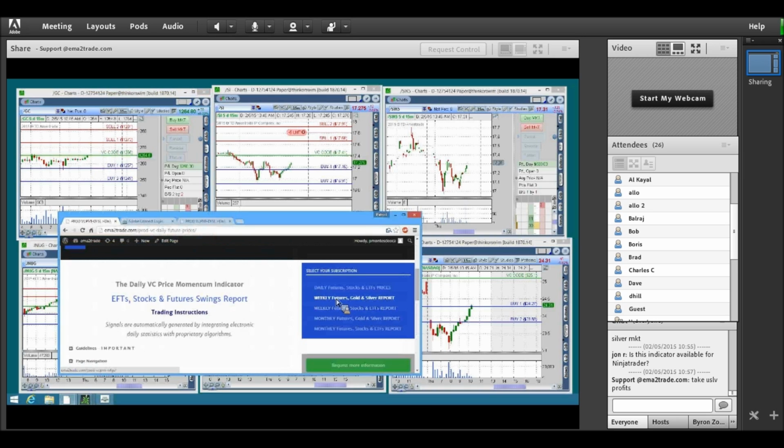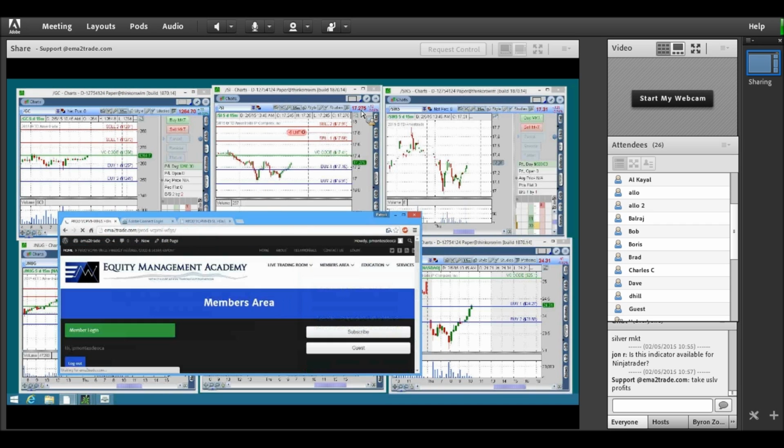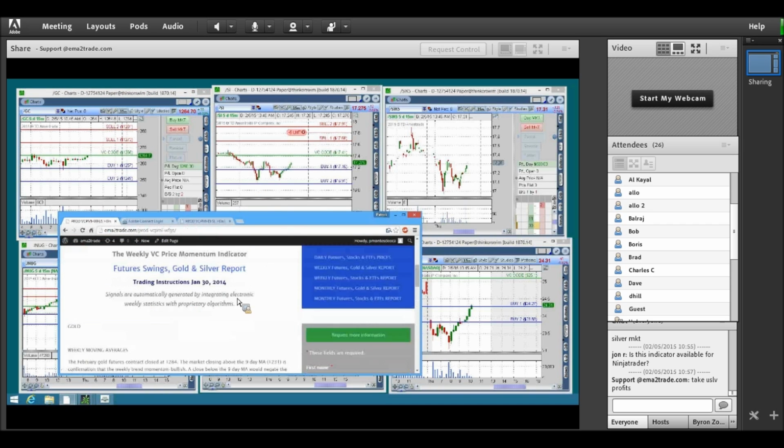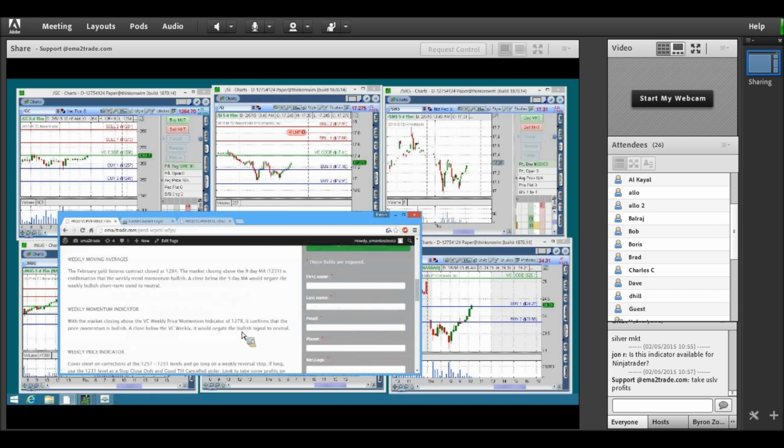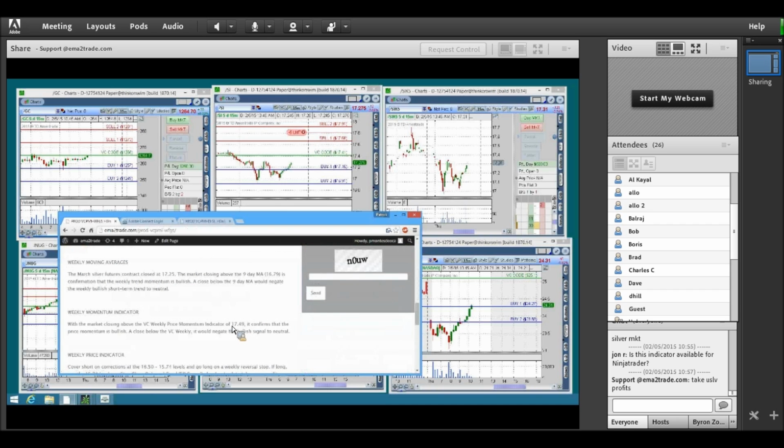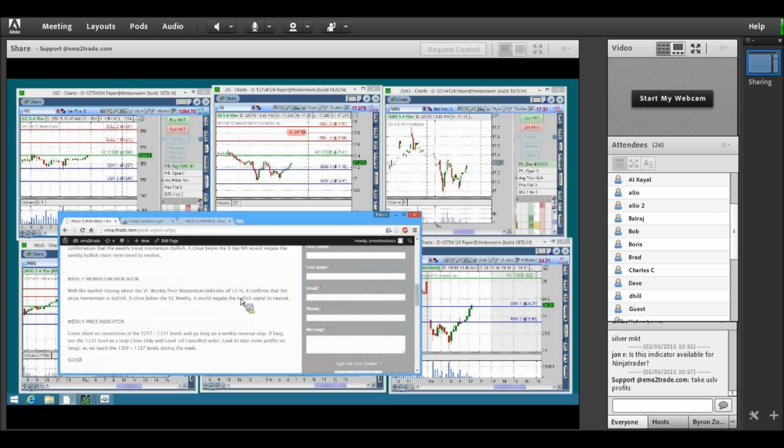For swing traders, we're looking for the market to close above 1749 to add to our position on the long side. For the gold market, 1279 would activate the daily trend to an uptrend.